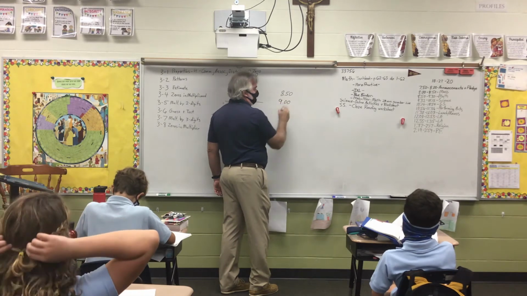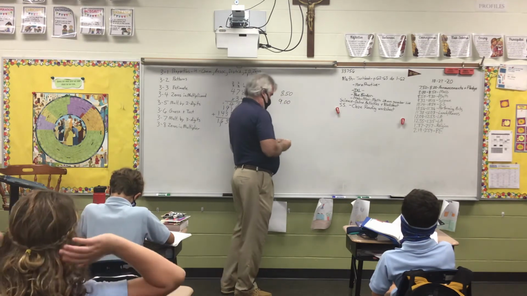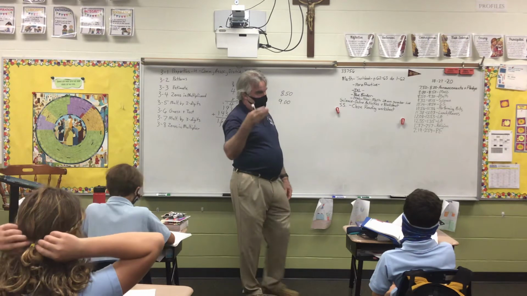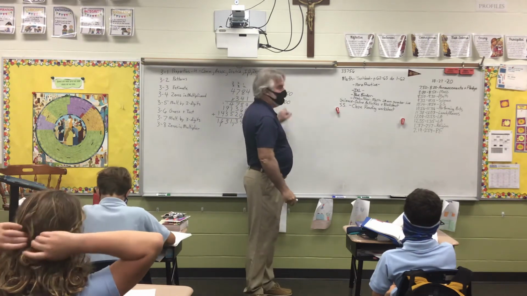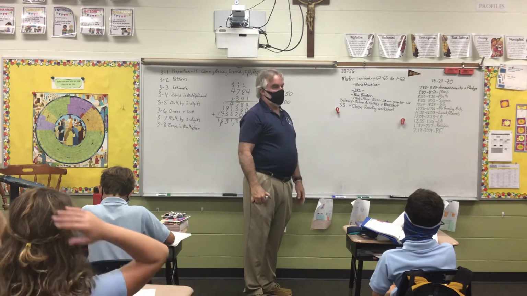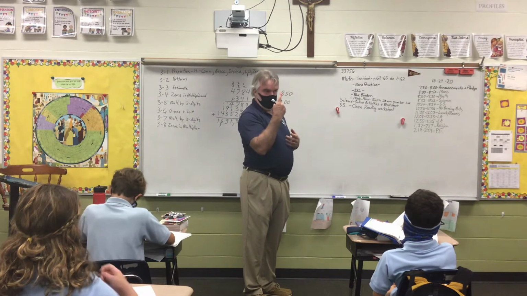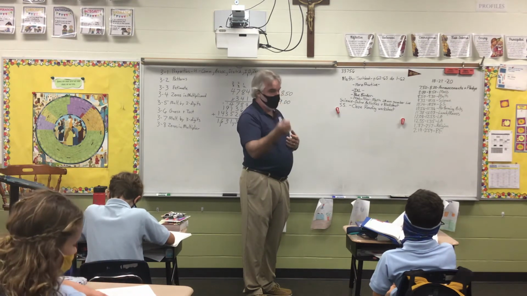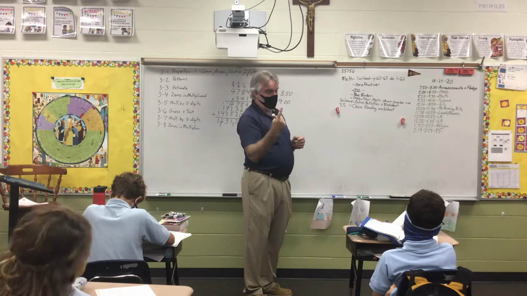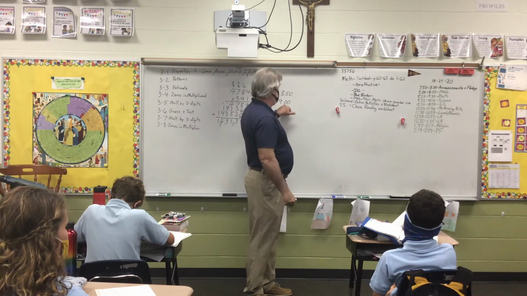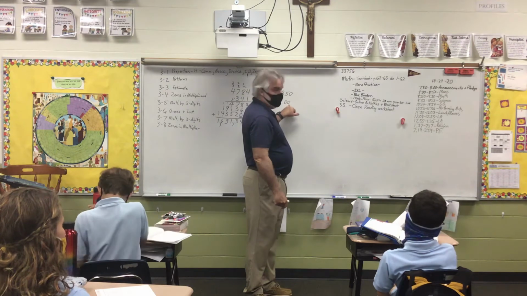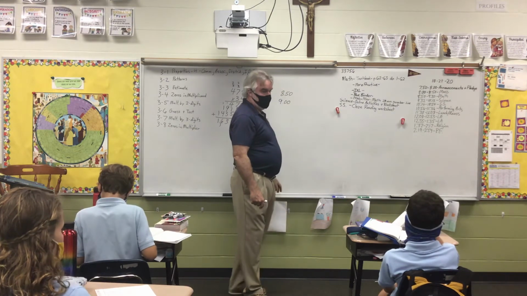And you gotta make sense of it too. This is actually 9 what? Dollars, which is 9 ones. Not 900s. That's 9 ones, because it's a decimal, tenths and hundredths.